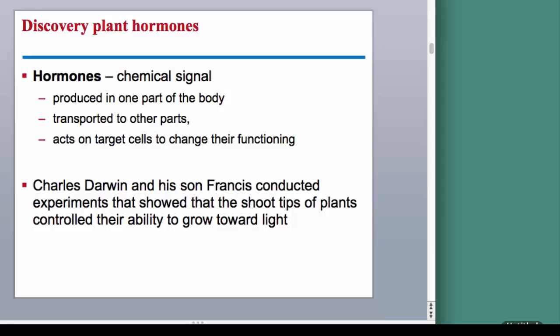They set up a number of different experiments, if you're interested in looking them up, putting blocks in place, and literally they would cut the plants and put these blocks of material in place and put the plants back together, kind of mini plant surgery, to see whether or not they could affect the way the hormones moved.